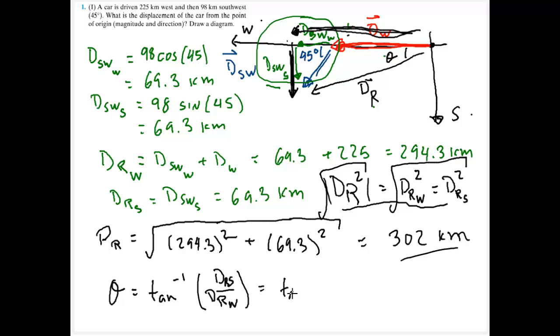So inverse tangent of 69.3 divided by 294.3, and we're going to come out with 13 degrees, and this is going to be south of west.